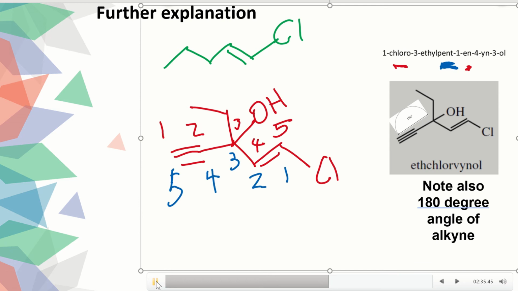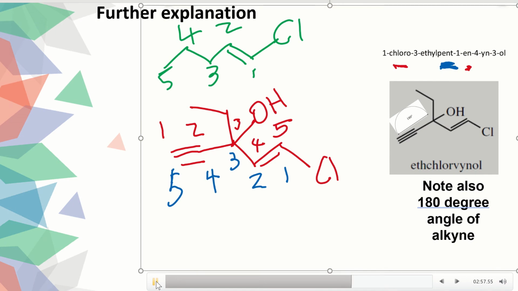At position 3, we have an ethyl. And what else do we have at position 3? We also have an ol.